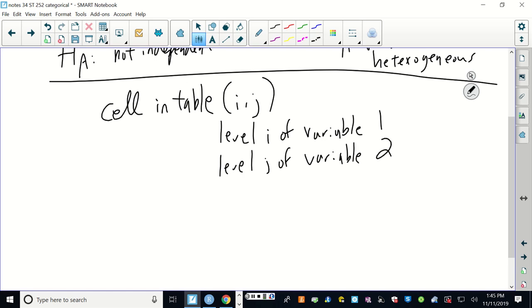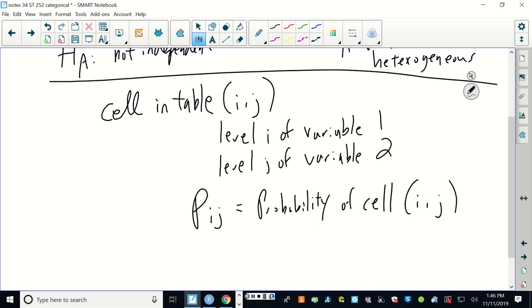Right? And we're going to look at the probability that somebody is in that cell or contributes to the count in that cell. So Pij is going to be the probability that a randomly selected person gives a response I to the first question and a response J to the second question. The probability that somebody's in that cell out of all the cross classifications.